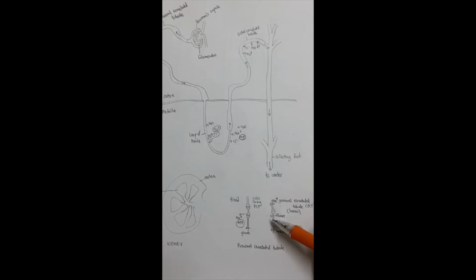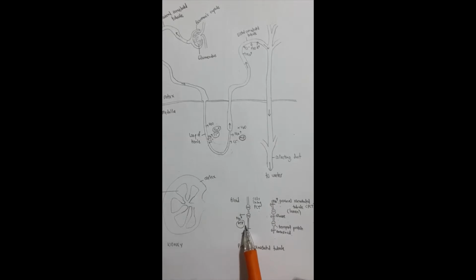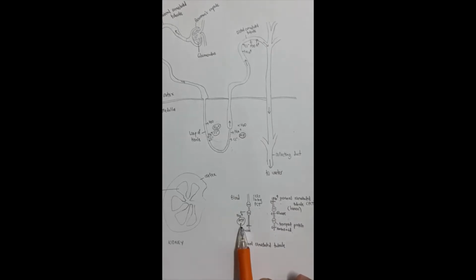To initiate the whole process, the sodium ions in the cells lining the proximal convoluted tubule will be actively transported out of the cells into the blood with ATP.